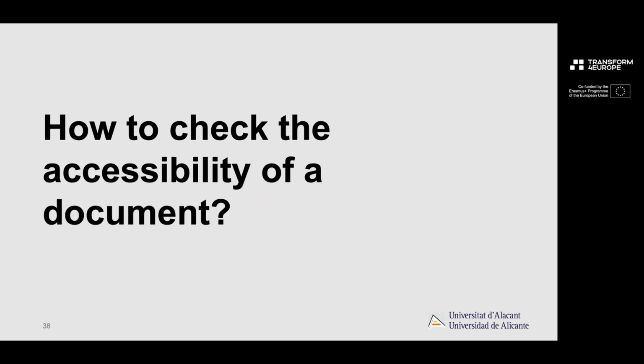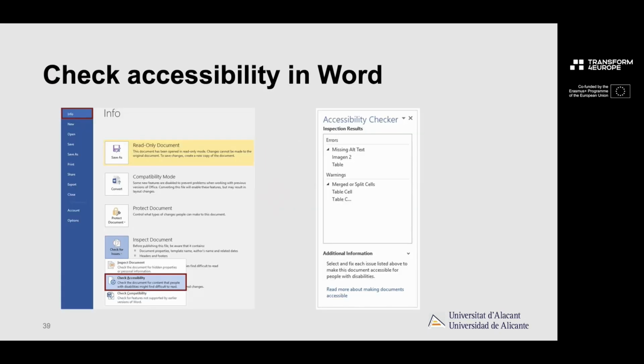Now we are going to see how to check the accessibility of a document. Why? Because it's the last step, okay? The last step is to verify that the document is really accessible. To perform this action, we will use the accessibility checker that works equally in Word and Excel and PowerPoint.